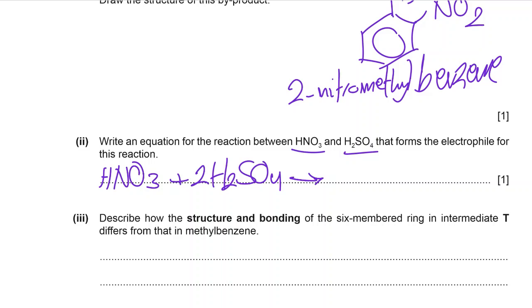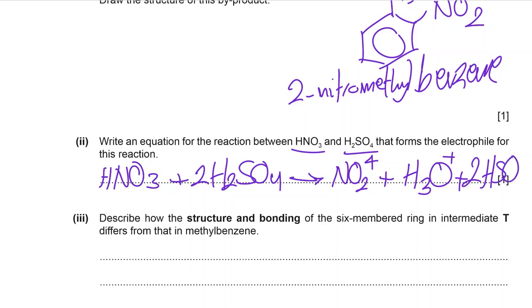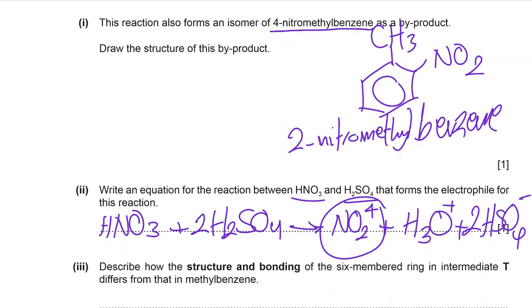In this case, you are going to form NO2 positive, okay, and plus H3O plus and 2 mole of HSO4 negative. Okay, so the electrophile, which is used in the nitration, has been formed by this reaction.